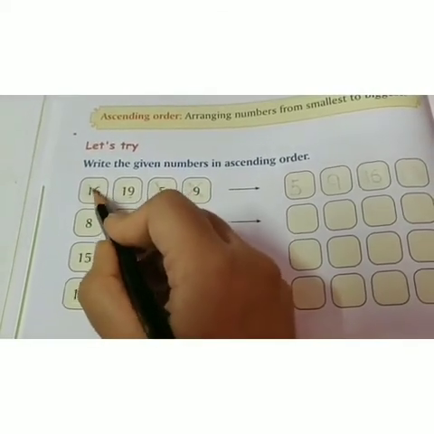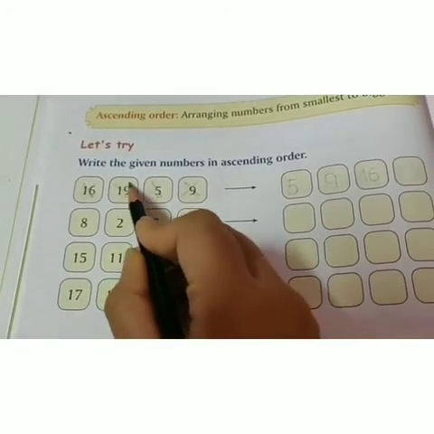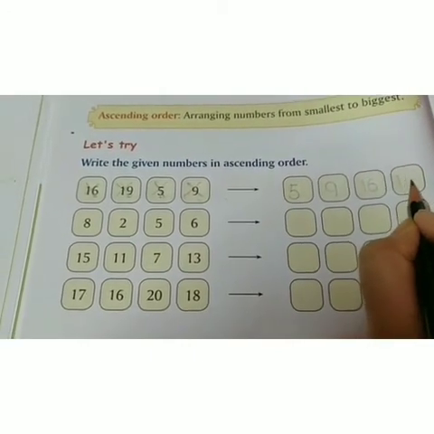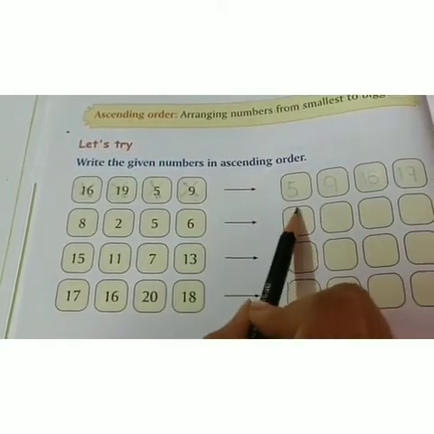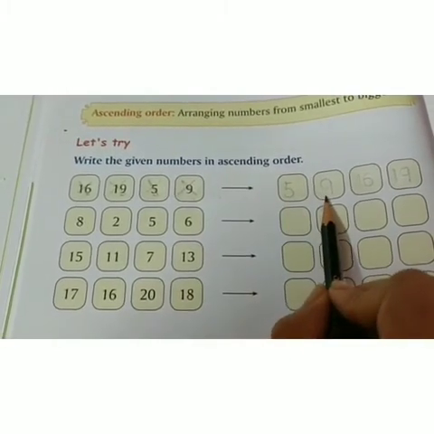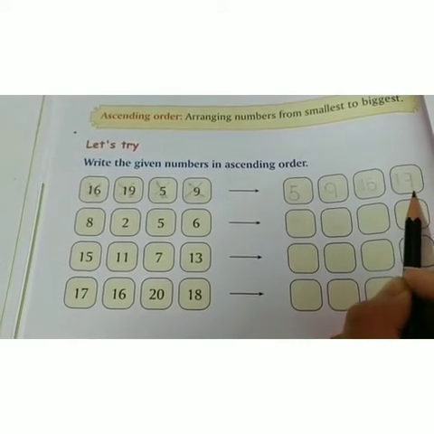Let's cut this number because we have written 16, and the last number is 19. Yes, we have arranged the numbers in ascending order: 5, 9, 16 and last is 19.